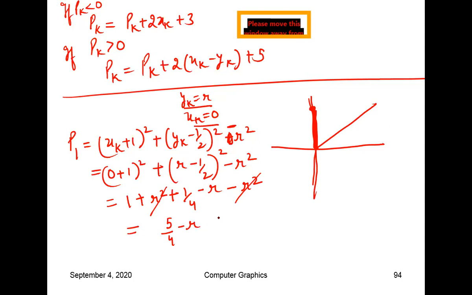You can take the 5 by 4 exactly, or you can round it off, and it becomes 1 minus r. Is it fine? Are you with me till now?